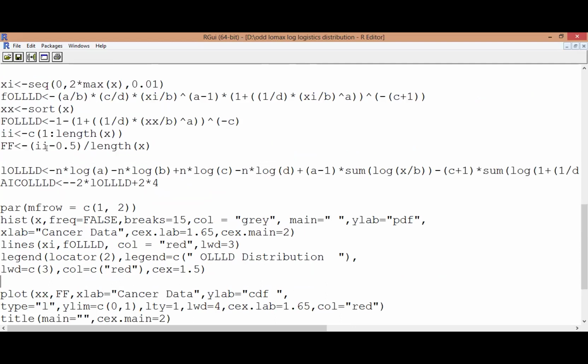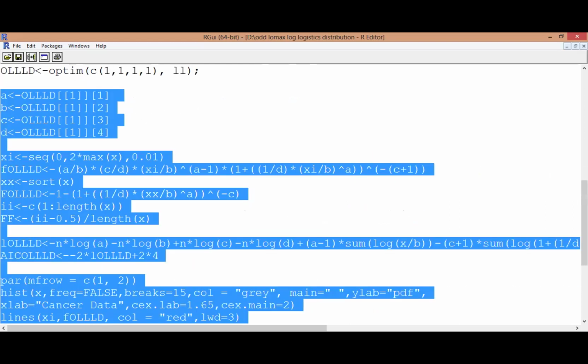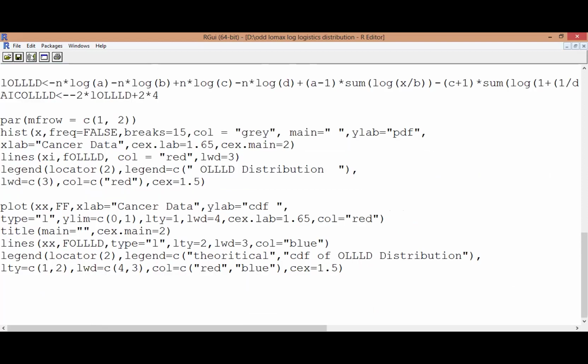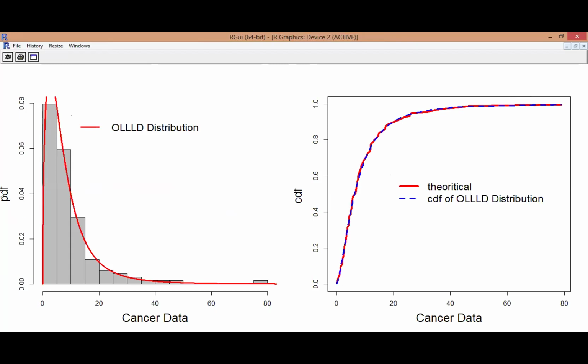Okay, we run our programming and we check our plot. You can see from the PDF plot, or the density plot, the red line means the density function of the odd Lomax logistic distribution. And you can see the red line can capture the gray one. The gray one means the histogram of the data.